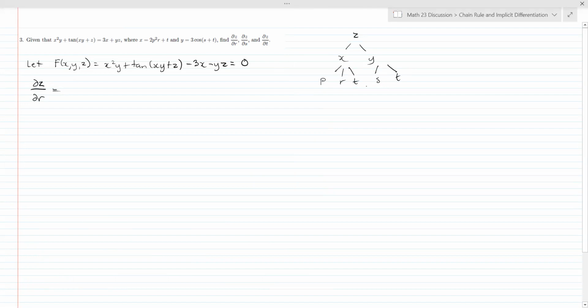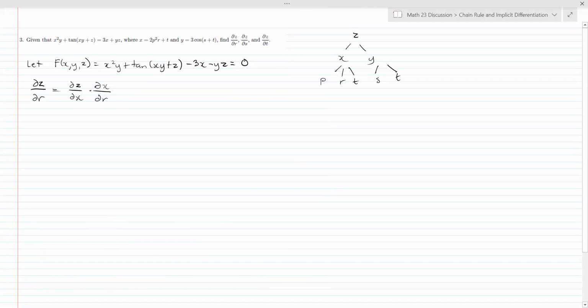So ang partial ng z with respect to r ay yung partial lang siya ng z with respect to x times the partial ng x with respect to r. So wala namang r sa y, so ito na lang yung kailangan natin.